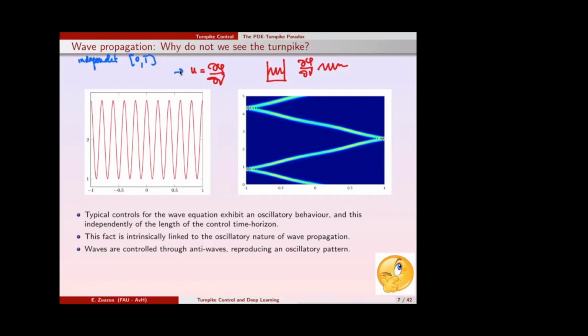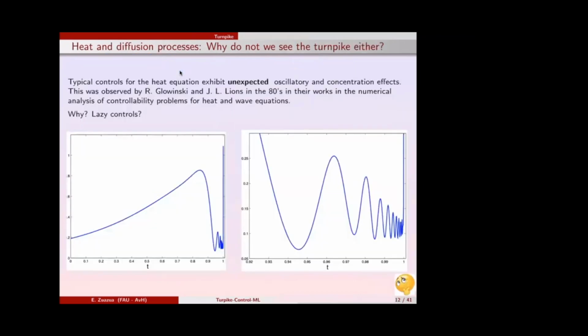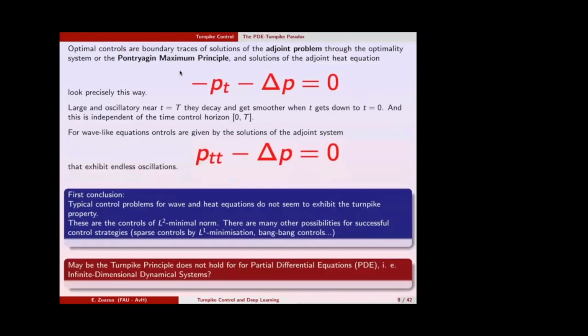So then I looked at the heat equation, and I don't see the Turnpike here either. I see that there is far too much work ongoing, and I don't see a flat regime. It's like we start very slowly, and then the process of controlling the heat equation accelerates. Why is that?